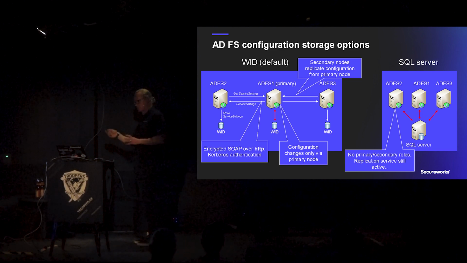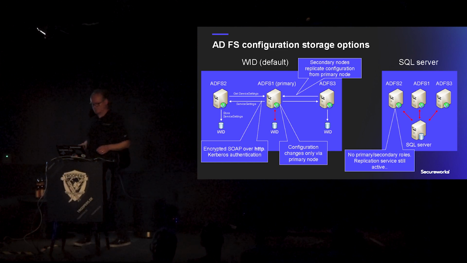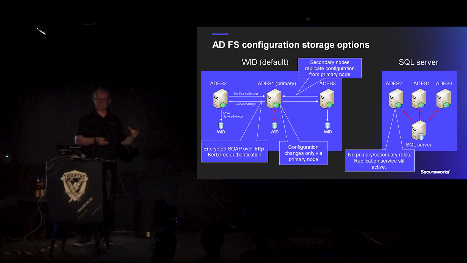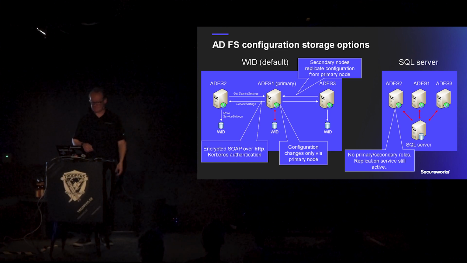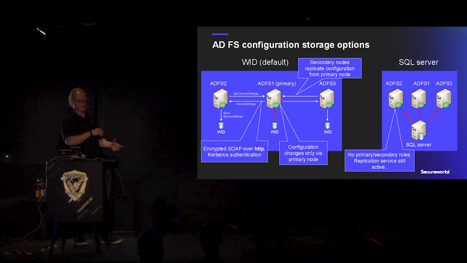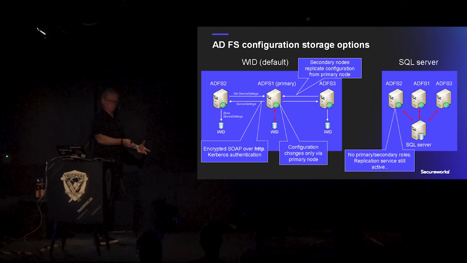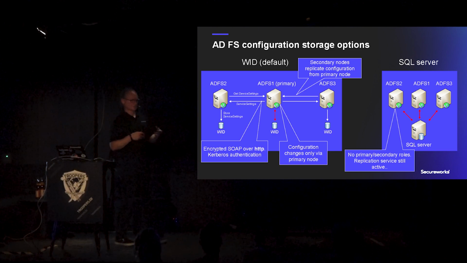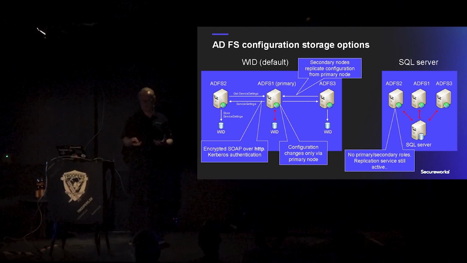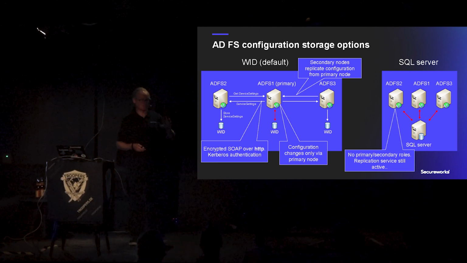Now, the default configuration requires that one of those ADFS servers is the primary one, which means that all the configuration changes can only be done via that server or node. You need to log in and open the ADFS Management Console or PowerShell, but that's the only server where you can make those changes.